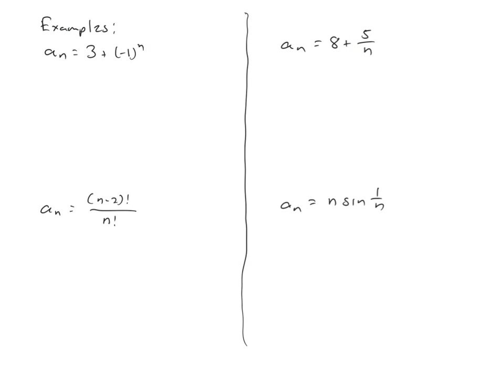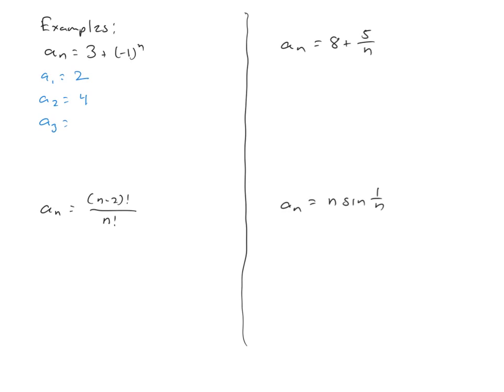Let's take a look at some examples. Sometimes it helps to see what's happening. In the first example, a sub n is 3 plus negative 1 to the n. So a sub 1, when I put 1 in for n, is going to be 3 plus negative 1, which is 2. A sub 2 is going to be 3 plus negative 1 squared. Negative 1 squared is a positive 1, so that's 3 plus 1, which is 4.